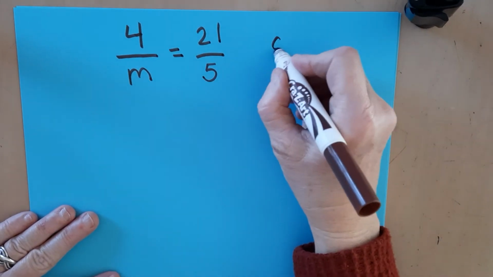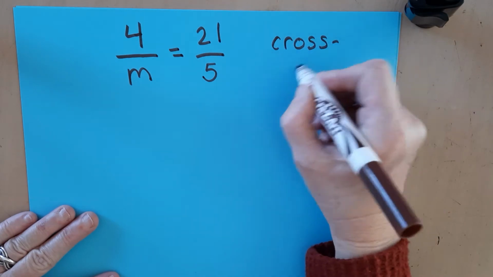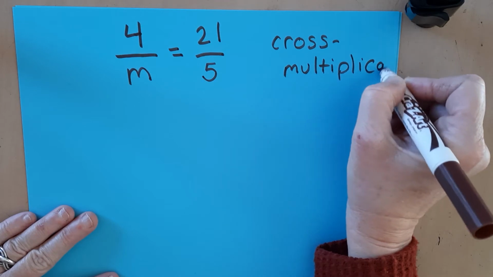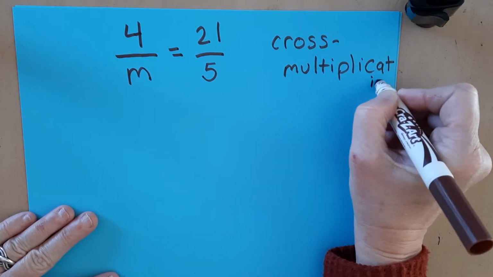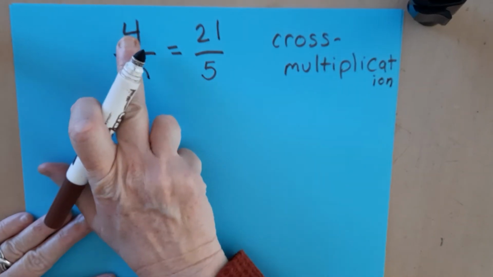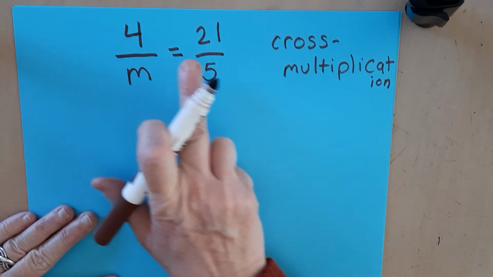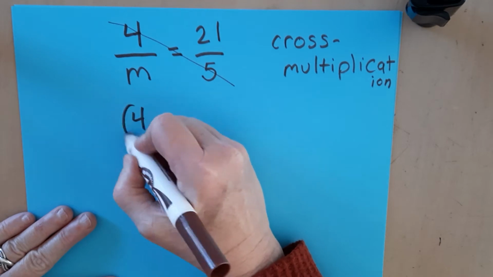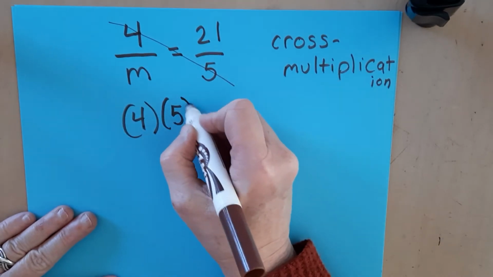We can do something called cross multiplication, which, like I said, we talked about in class. What we would do is take the numerator on this side of the equation and multiply it by the denominator on this side, which would give us 4 times 5.